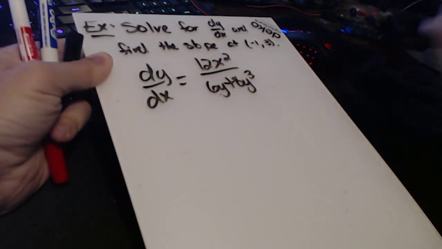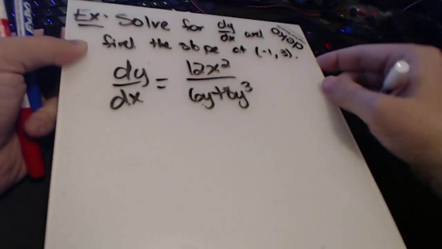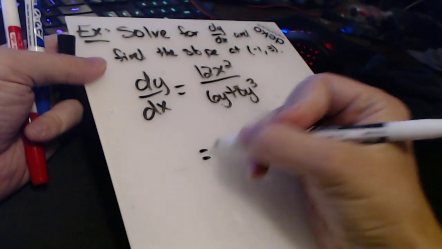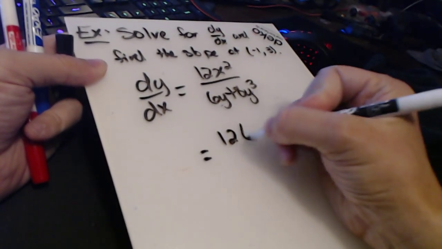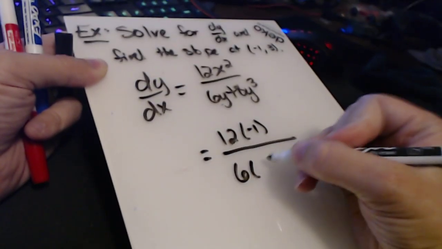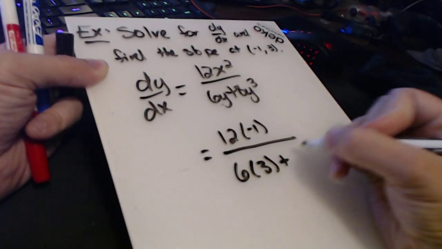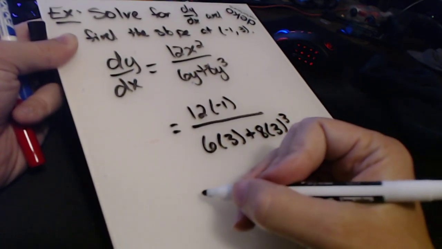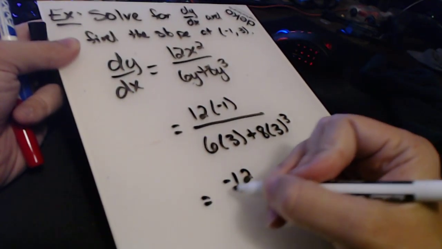You just have one more step of solving or plugging in the -1 and the 3. That's nothing too crazy. You just go over here and say 12 times -1 over 6 times 3 plus 8 times 3 cubed. You end up with -12.